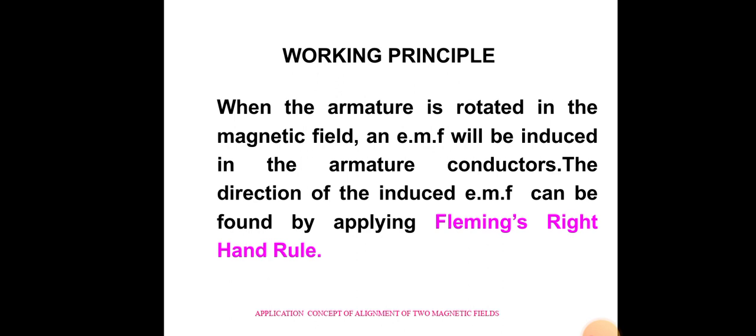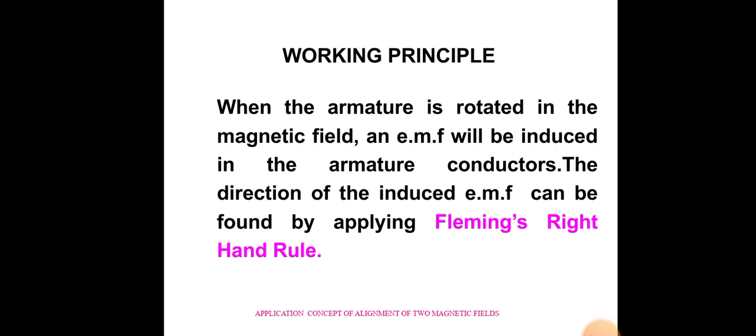So, the working principle of a DC generator. The energy conversion is based on the principle of electromagnetic induction. According to Faraday's law of electromagnetic induction, whenever a conductor is placed in a magnetic field, dynamically EMF is induced in the conductor.